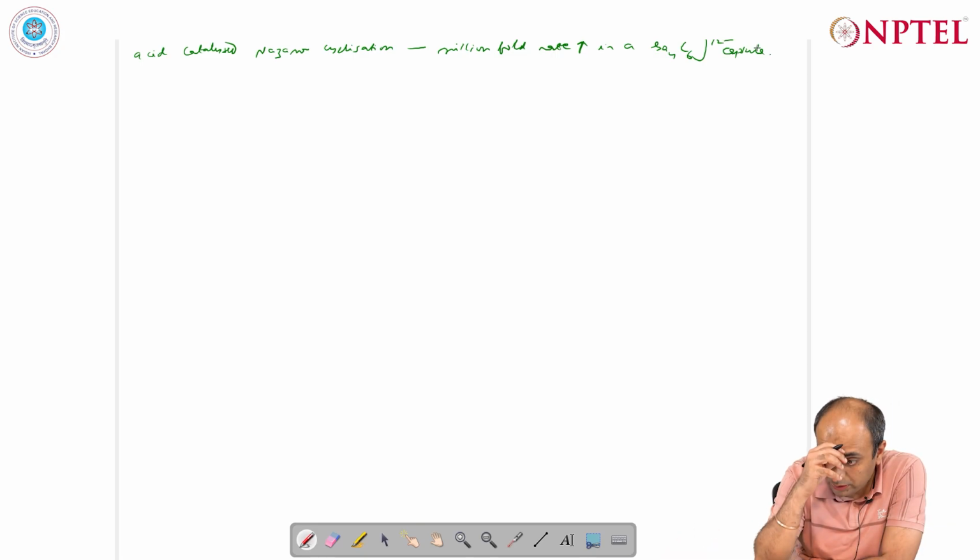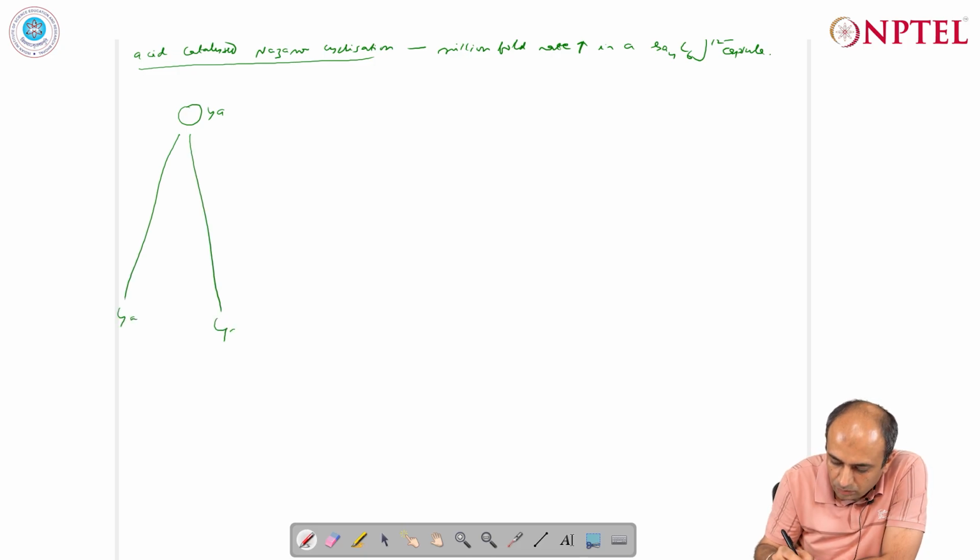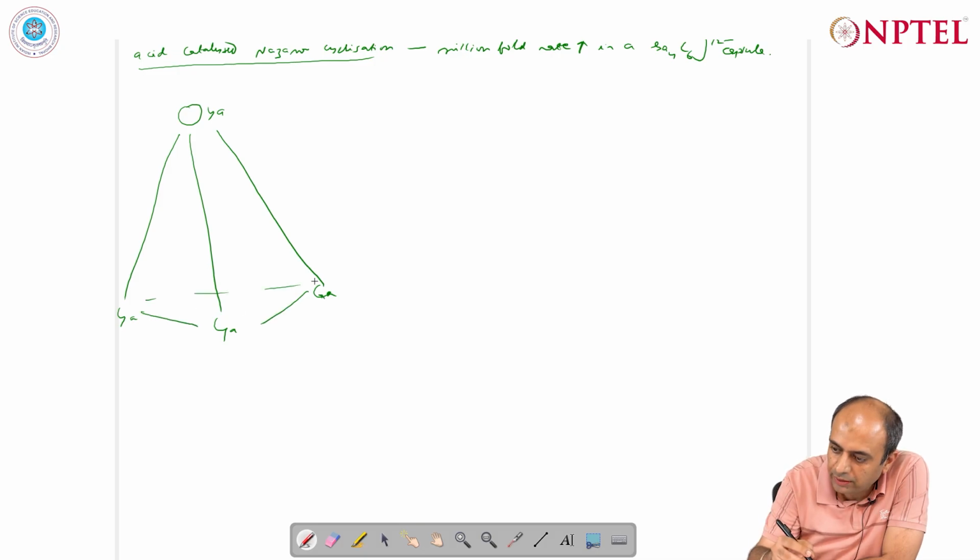So, we have already looked at the structure of the Ga4L6 capsule, and we are now looking at the acid catalyzed Nazarov cyclization, and in this you have the gallium centers here, and the reaction takes place within the cavity.